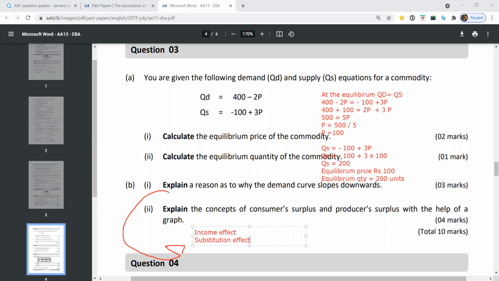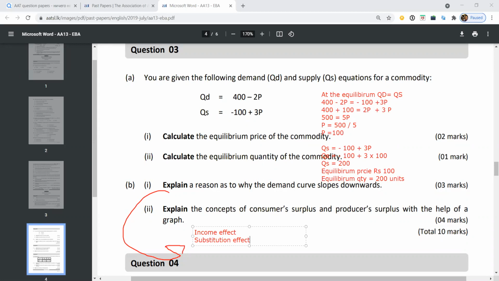Then substitution effect is where the change in price can lead to a change in relative prices. As the price of a good increases, consumers may switch to other substitutes available in the market, and the quantity demand falls.